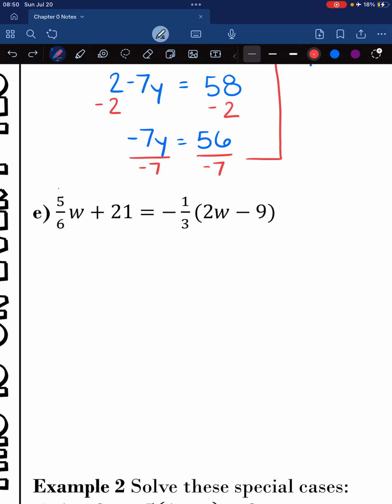So if I multiply both of the equations by 6, I'm going to multiply this guy by 6, and I'm going to multiply this guy by 6, then it's going to get rid of those fractions, and maybe my answer ends up being a fraction, but I don't have to deal with it for the majority of me solving.